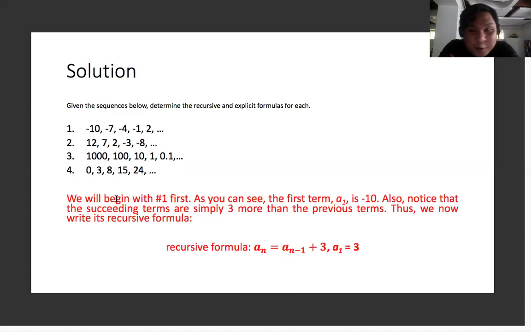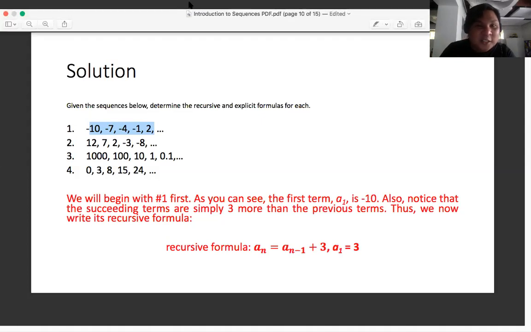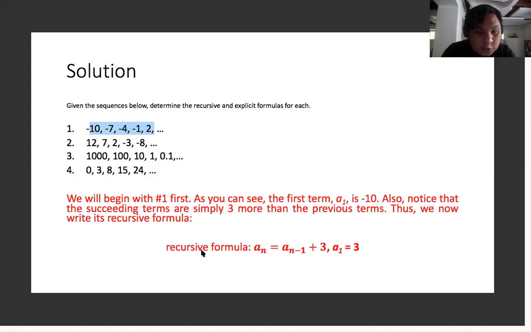We'll start off with number 1, of course. If you look at number 1, we have -10, -7, -4, -1, and 2. I think it's easier for me to go over the solution by talking about it while we're answering, so we'll switch to my whiteboard.